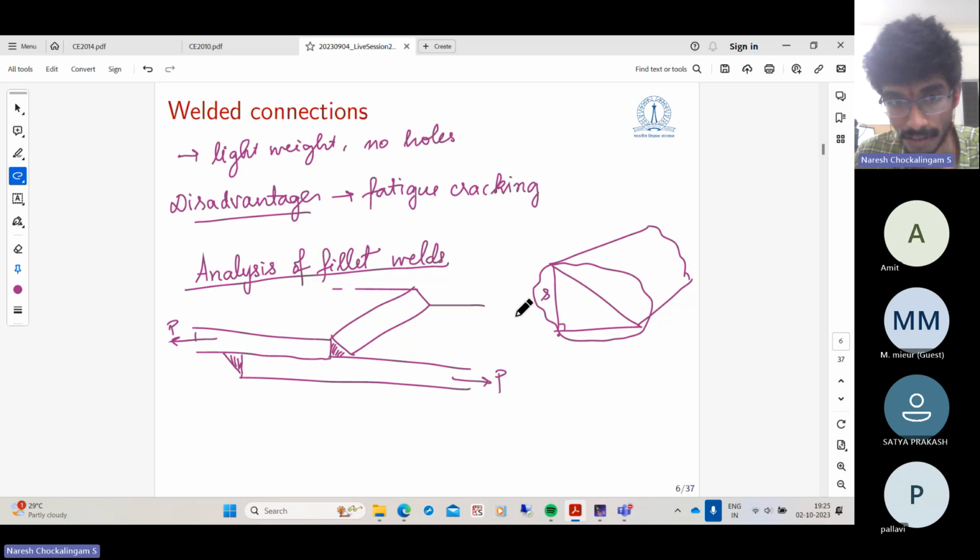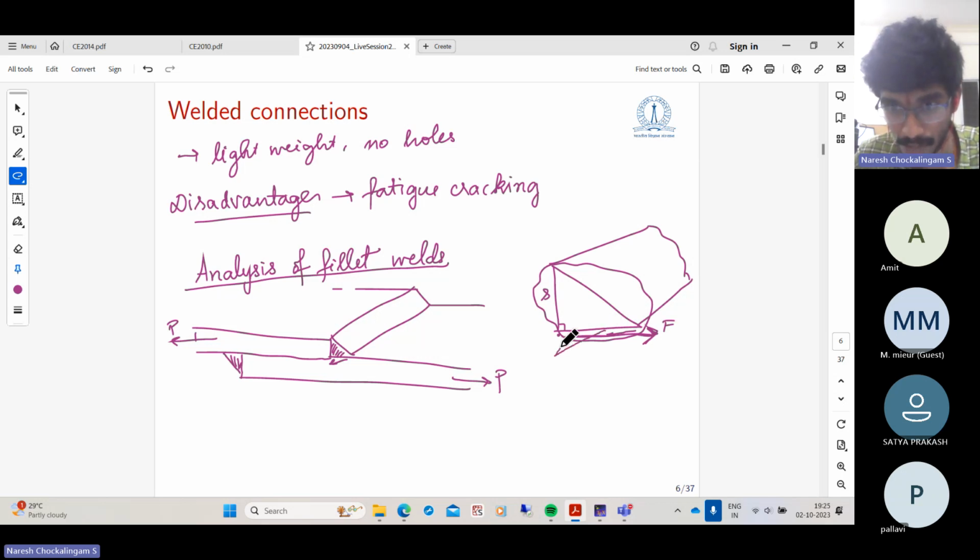If the plate is subjected to a force P and it is connected to this plate by another weld, there are equal and opposite forces. On the plate it will be like this, and on the weld it will be in the other direction.